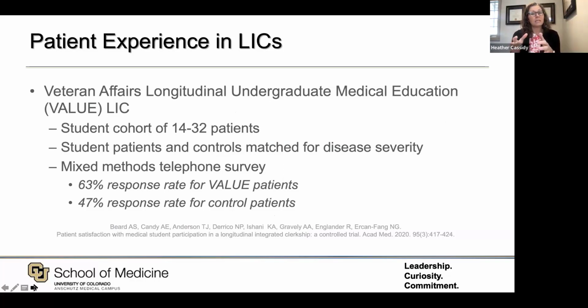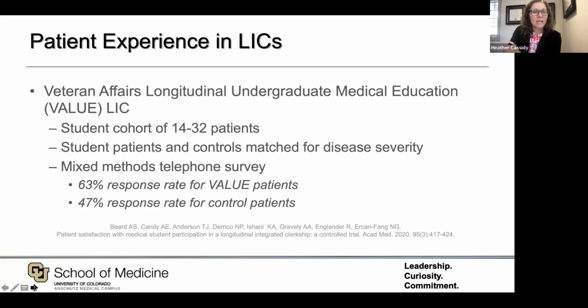And they took a look at a given PCP's patient panel, and they did a kind of cohort control study, essentially. So they took the patients who were in the student panel, and then they took another selection from that same PCP's panel who were matched for disease severity and age. And they reached out via mixed methods telephone survey.